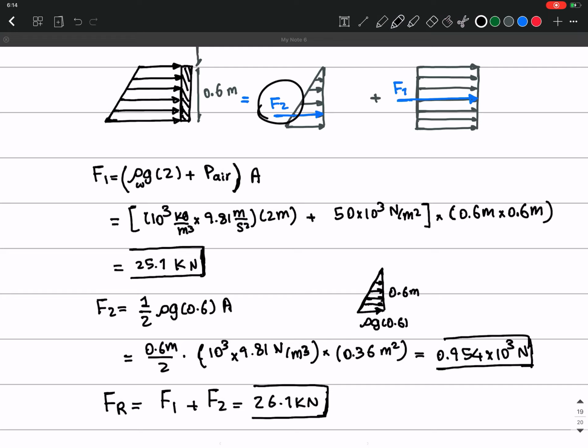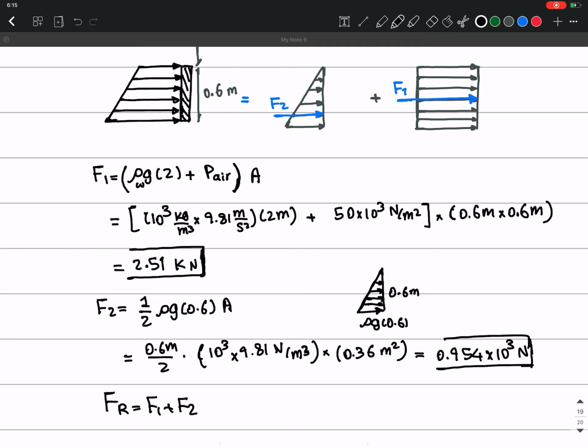And now how about the location? So let me calculate the location. Let me write it down again.